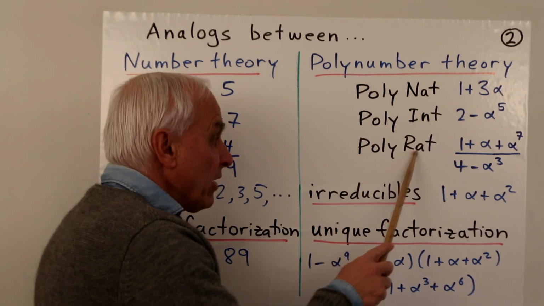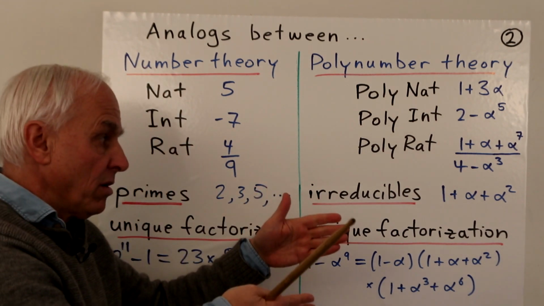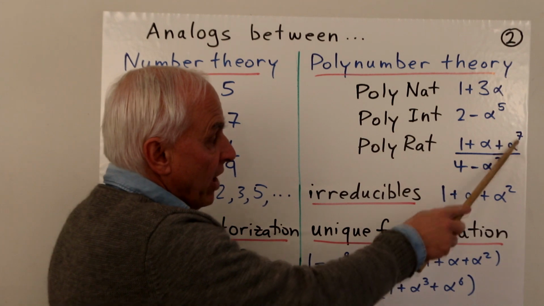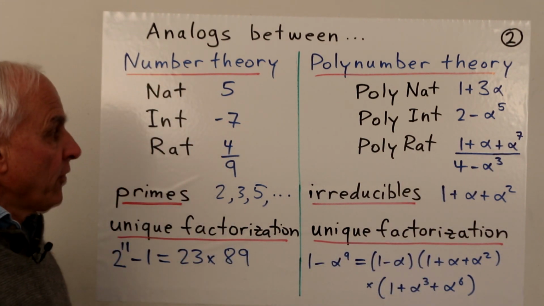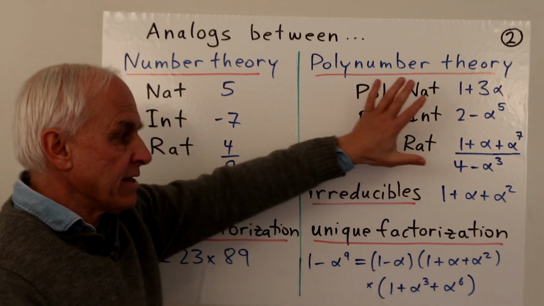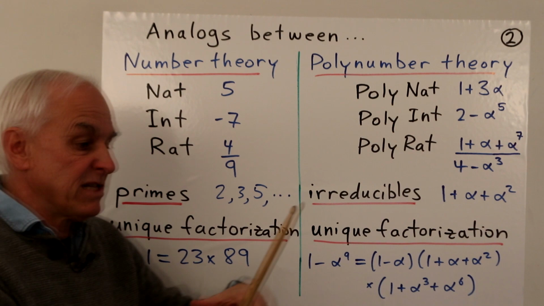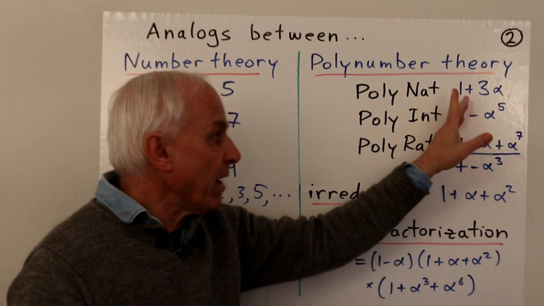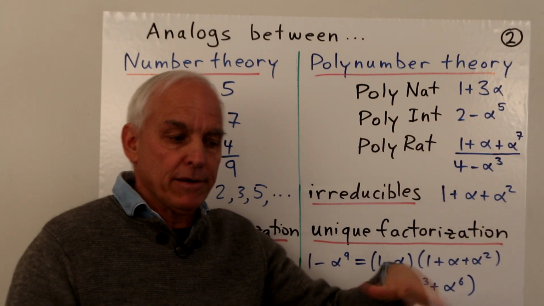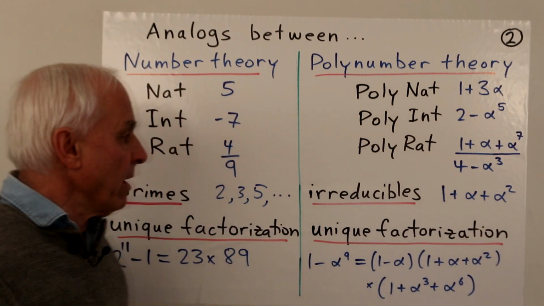Or we might have polyrat, which are quotients of integral polynumbers, like 1 plus alpha to the 7 over 4 minus alpha cubed. So there's a correspondence here. This is a somewhat more sophisticated version of number theory, where we expand our consideration to not just numbers, but numbers augmented with these more general things called polynumbers.